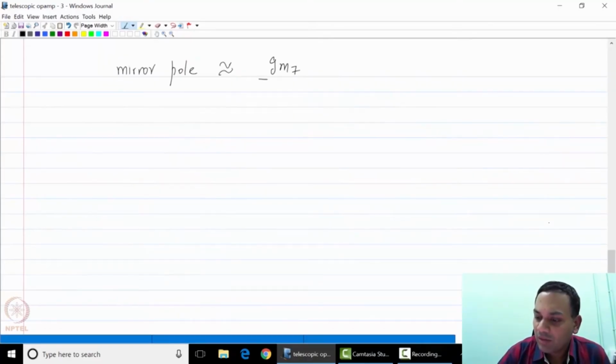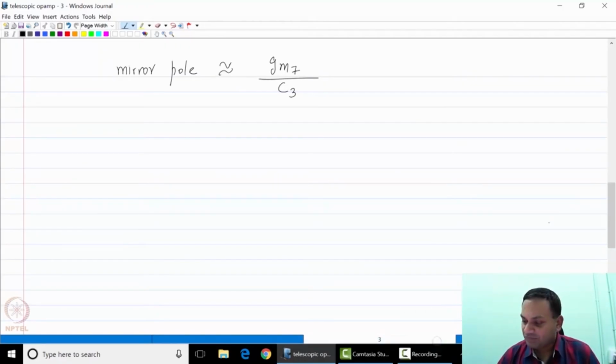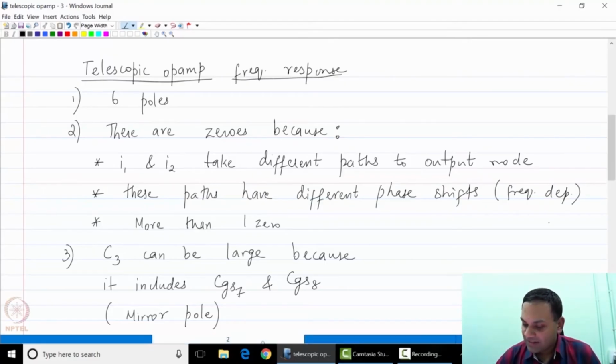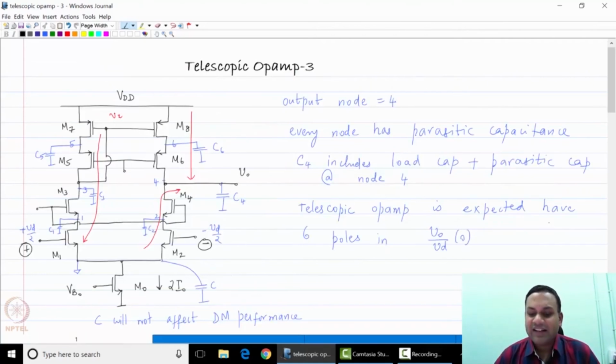So the mirror pole will be approximately GM7 over C3, and this would be one of the important non-dominant poles of the system. Now what about the other capacitances? It turns out that the other capacitances C5, C6 and C1 include some gate-source capacitances but also some drain-bulk capacitances.